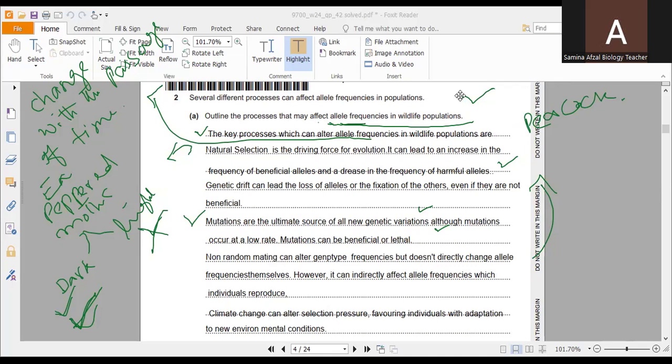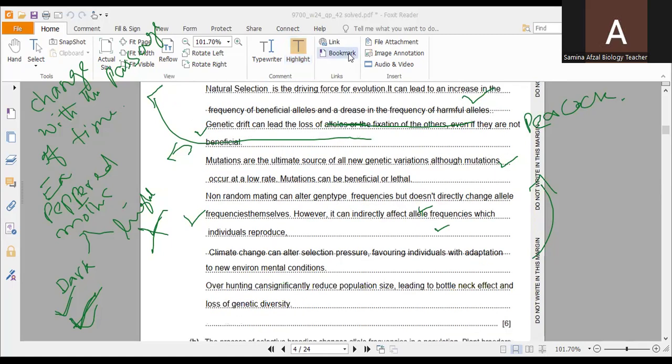Climate also plays a very important role in changing the allele frequencies, and hunting can significantly reduce population size, leading to the bottleneck effect and loss of genetic diversity. So what is the bottleneck effect?